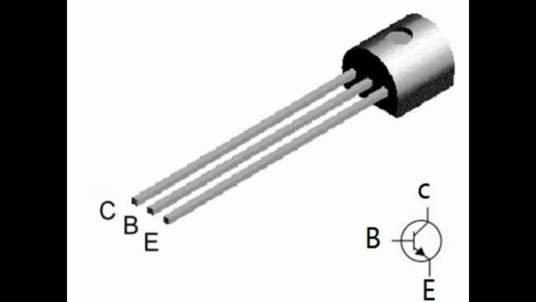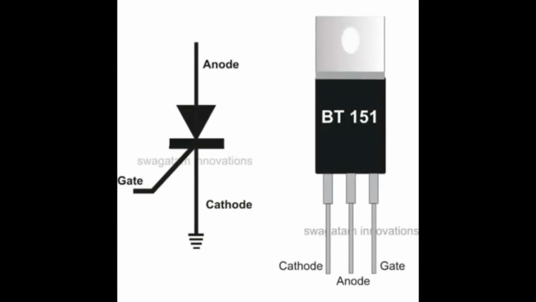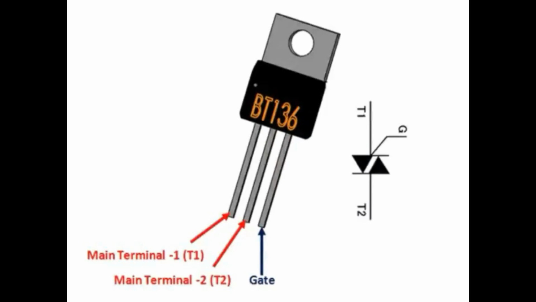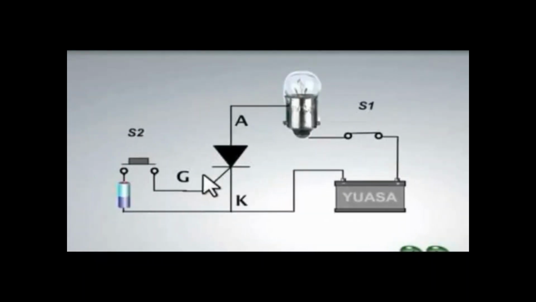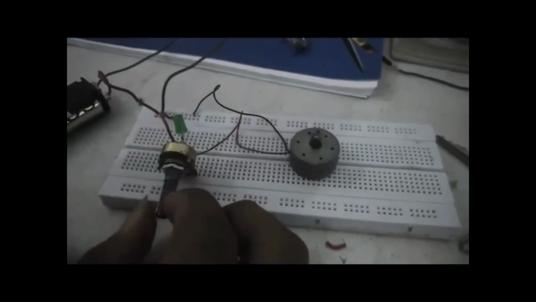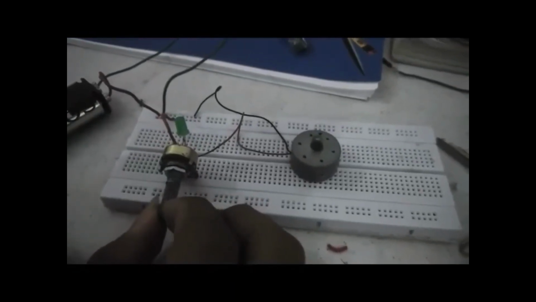Power electronic switches like BJT, SCR, IGBT, MOSFET, and Triac are very important components when it comes to switching circuits like AC to DC converters, motor speed controllers, motor drivers, frequency controllers, and more.